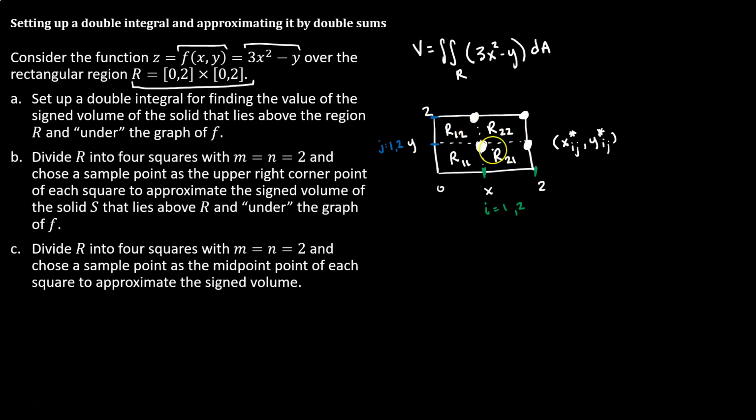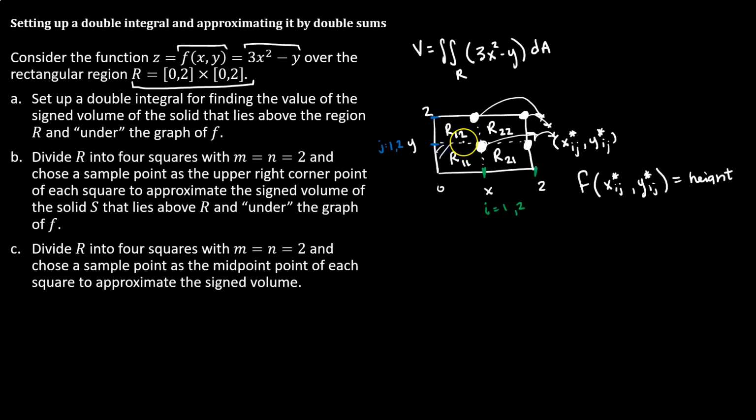So each one of these points corresponds to one of these special notations. We're going to plug those into our function, so we'll have f of x star ij, y star ij, and that's going to give us our height above each one of those regions.